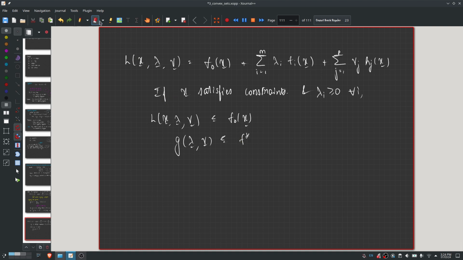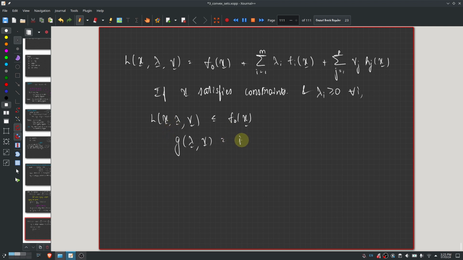But maybe there's one more step that I've just missed out. Recall that g of lambda, nu is equal to the minimum over all possible x, not necessarily those satisfying the constraints.